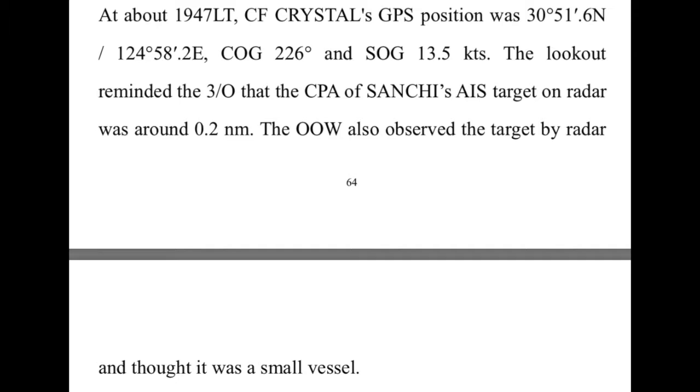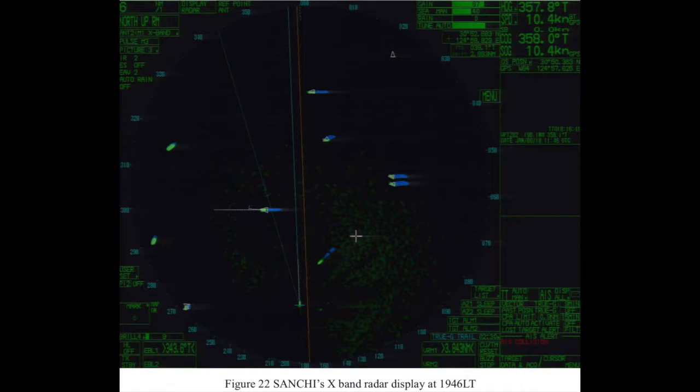And also the OOW, the third mate, observed the target on the radar and saw it was a small vessel. So that's the problem with the APA or the radar. Why does a big vessel seem like a small vessel?